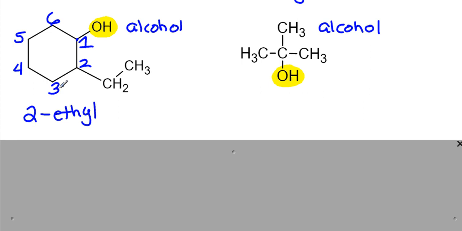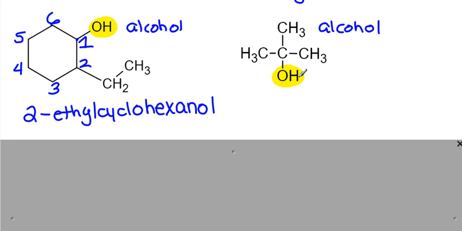Then I have my cyclic structure, so I put cyclo. It's a 6-carbon ring, so I need hex. ANE for all single bonds, but I drop the E and I'm going to put on OL. You could put a 1 in there or just leave OL on the end. So 2-ethylcyclohexanol.